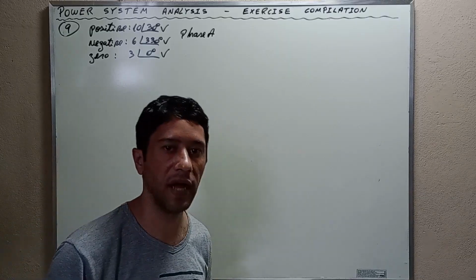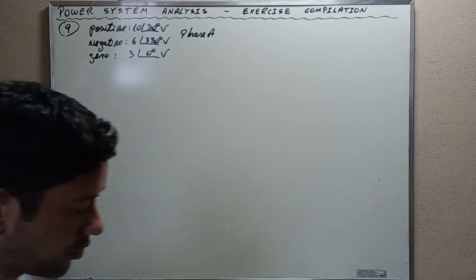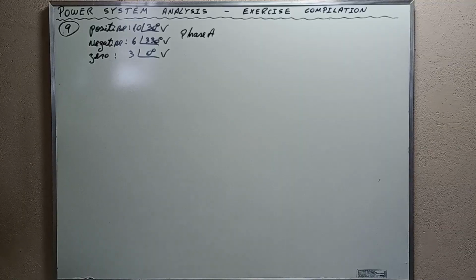Exercise number 9. In the analysis of a three-phase circuit through its symmetrical components, the following values for phase A were identified. Positive sequence 10 phase 30 degrees, negative sequence 6 phase 330 degrees, and zero sequence 3 phase 0 degrees volts.